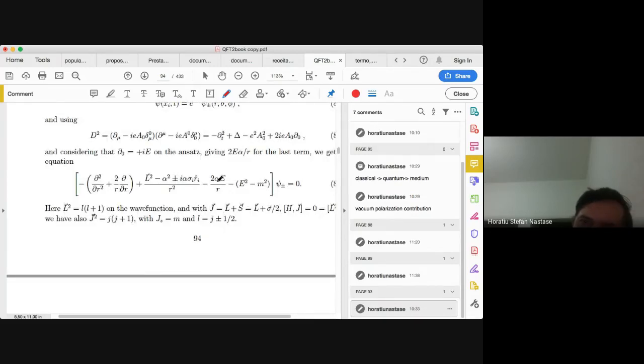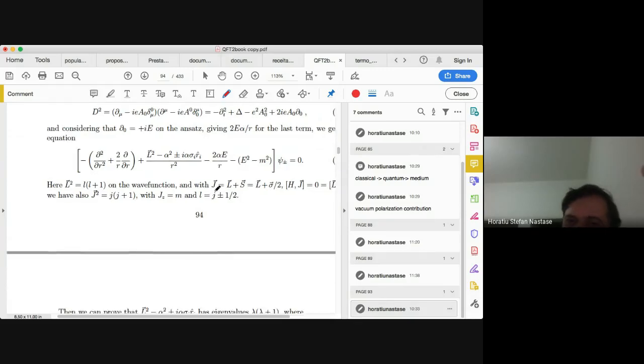So the potential before was minus alpha over R. But the equation now, divided by 2M, is minus alpha E over MR. So now the new alpha is alpha E over M, right?